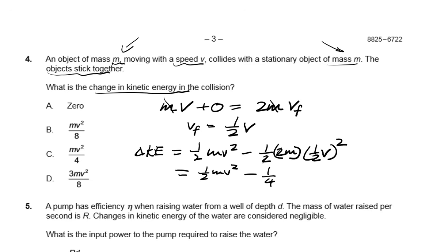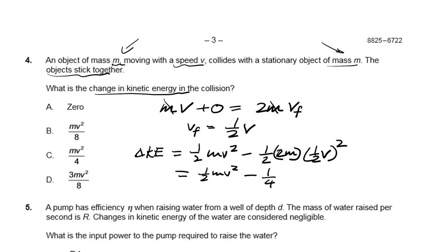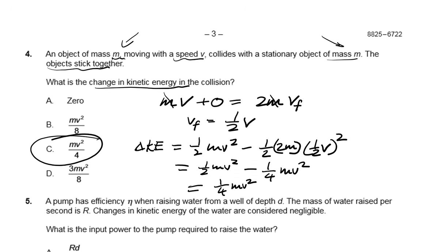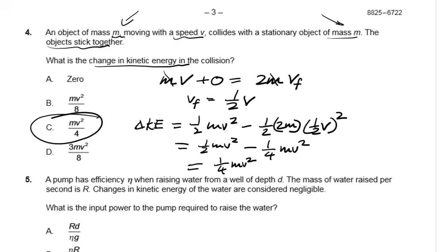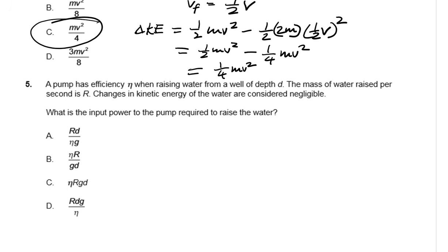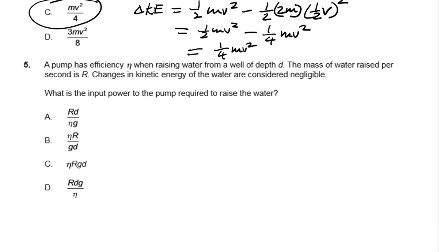These two cancel out, but we have 1/4 here. So just reverse. Okay, we have 1/4 mv squared, and our answer is C. And that's it for A. Or no, we have question 5 as well.